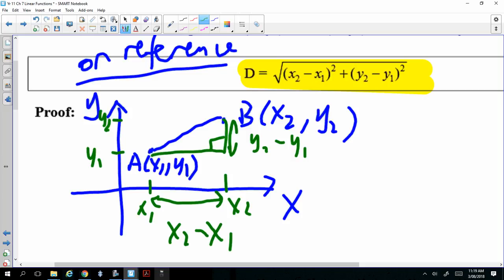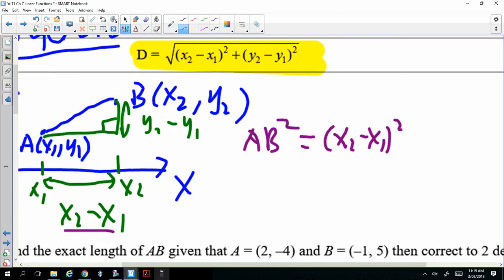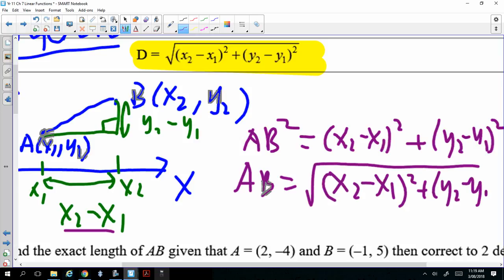So what does that tell you? That if you use Pythagoras, AB squared is equal to this square plus this square. Okay? And then you square root. That's the formula.